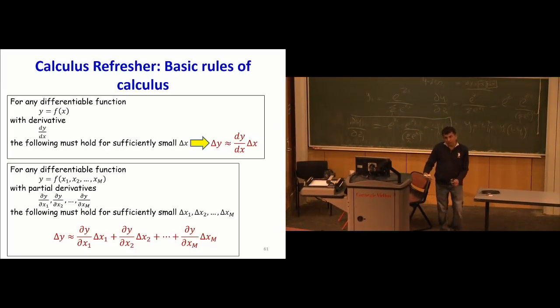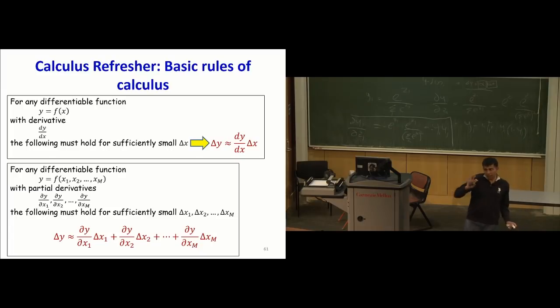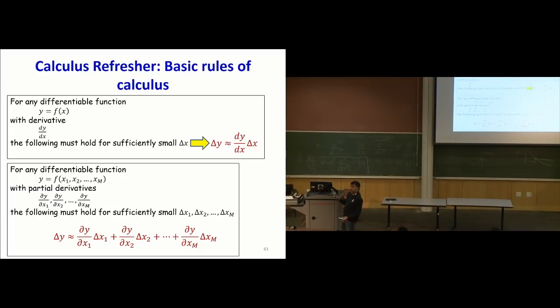And the change in y is going to be the inner product between alpha and the corresponding change in x. If you write it out, that's simply alpha 1 times delta x1 plus alpha 2 times delta x2 and so on. We saw this in the last class, right? And those alpha terms are the so-called partial derivatives. Everybody's comfortable with this notion because we're going to beat on it a little bit, okay?